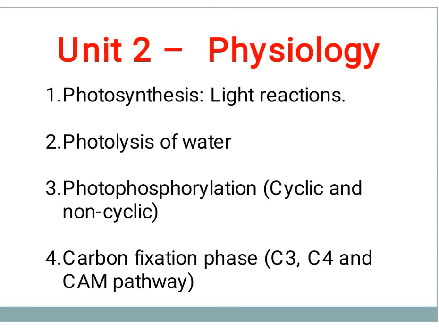The third topic is photophosphorylation, and in that, cyclic photophosphorylation and non-cyclic photophosphorylation. The last topic is carbon fixation pathways, which include C3 or Calvin cycle, C4 and CAM pathway. So the entire unit is repeated from your 12th science biology photosynthesis chapter.